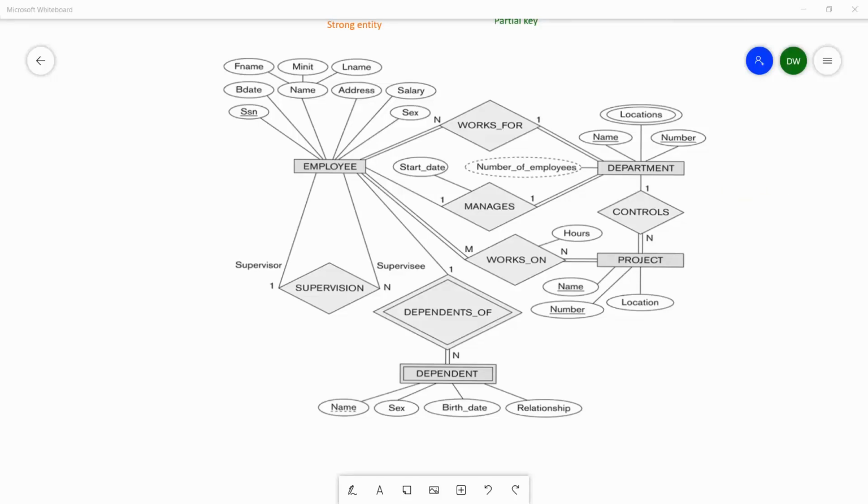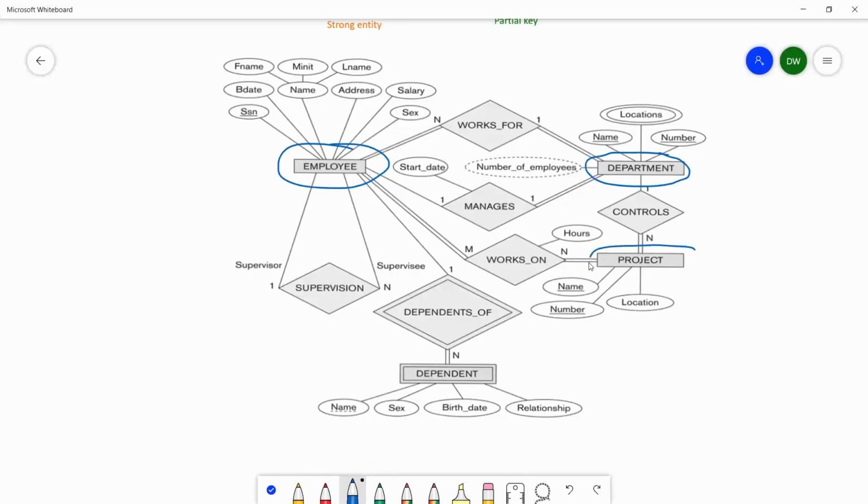Okay, some have mentioned there are 4 entities. Of course, yes, 4 entities are there, right? So what are the strong entities we have here? We have 3 strong entities and 1 weak entity, right? The 3 strong entities we have here are employee, department, and project.